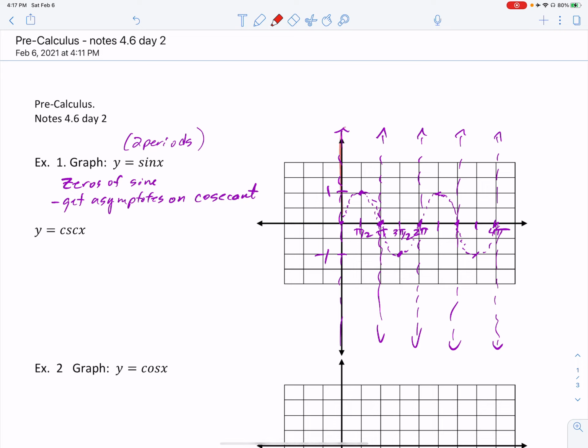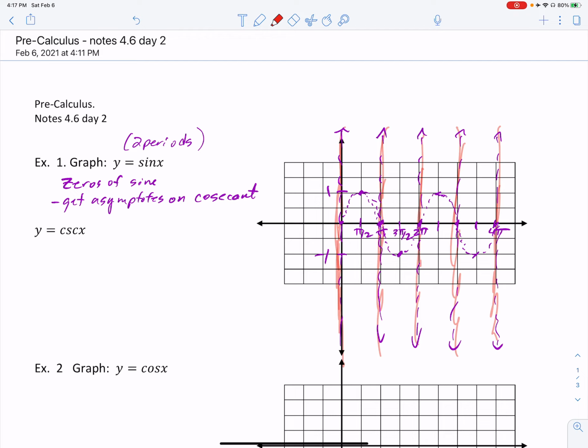So we have a vertical asymptote here, and a vertical asymptote here, here, here, and here. And so sine goes from 0 to 1 between 0 and pi.